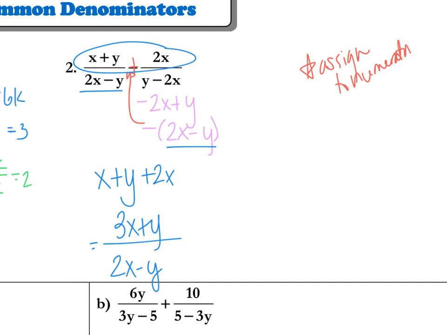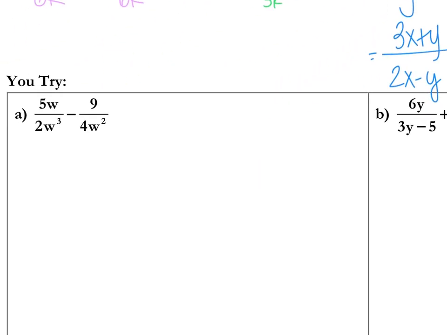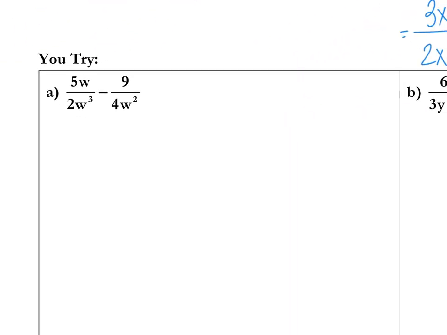Okay. So one thing that might help is once you assign that up, you might just want to go ahead and erase it or cancel it. So just maybe put an X through it so that you make sure that you do not include that in your least common denominator. Okay. All right, let's take a look at letter A. Now, some of you might recognize that on this first fraction, you could actually simplify before you even start, but let's just hypothetically say we didn't.